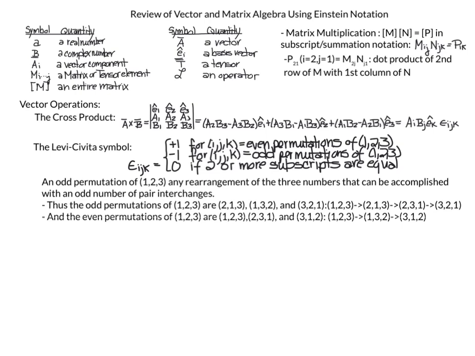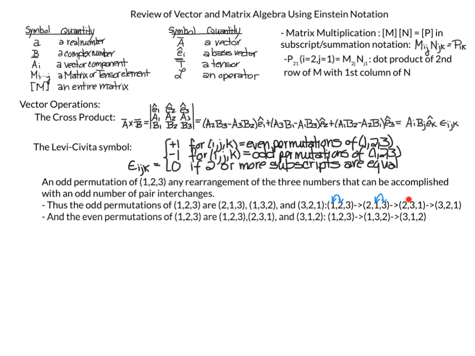The way I chose to do that is first I interchanged 1 and 2. So then I get 2, 1, 3. Then next I interchanged the 1 and 3, so I still have my 2, and the 1 and 3 change position.